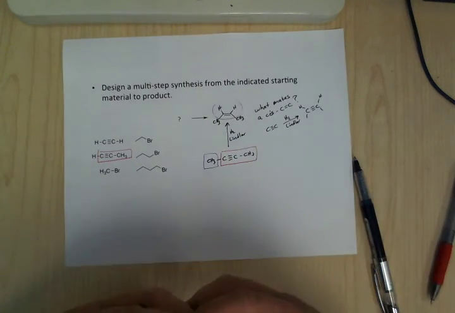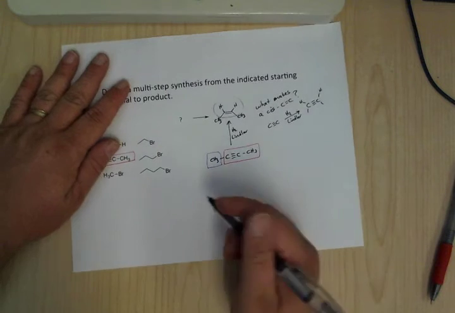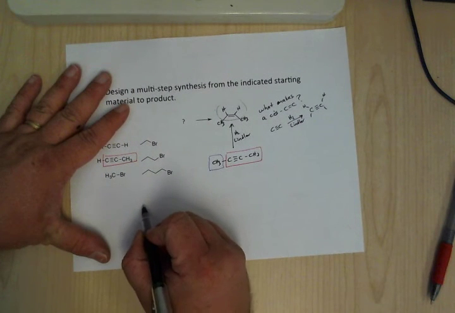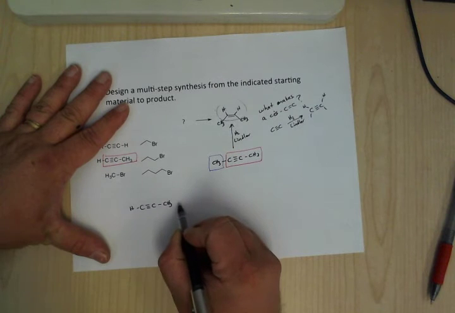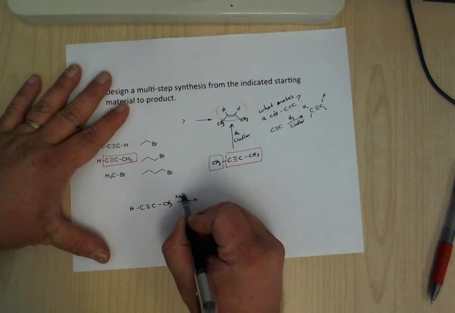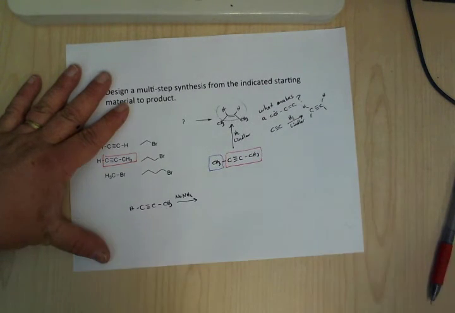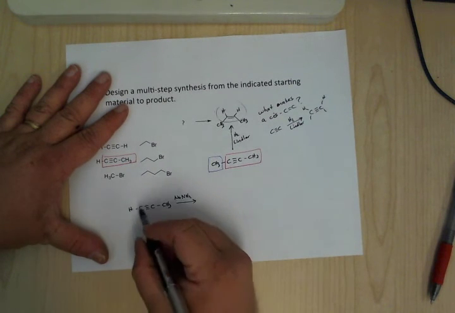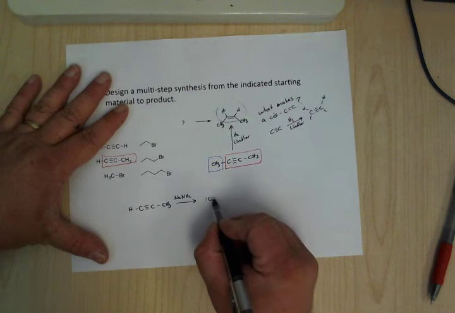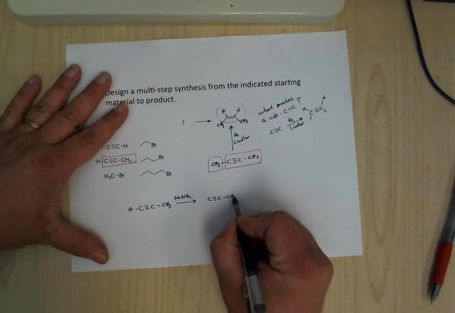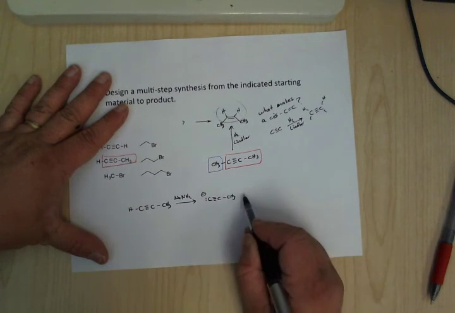So how do we make carbon-carbon bonds with the triple bond? We go like this. We start off with this. We add sodium amide. And again, this is on your list of reactions. That's going to rip away that hydrogen to give you this. Then you have to pick.